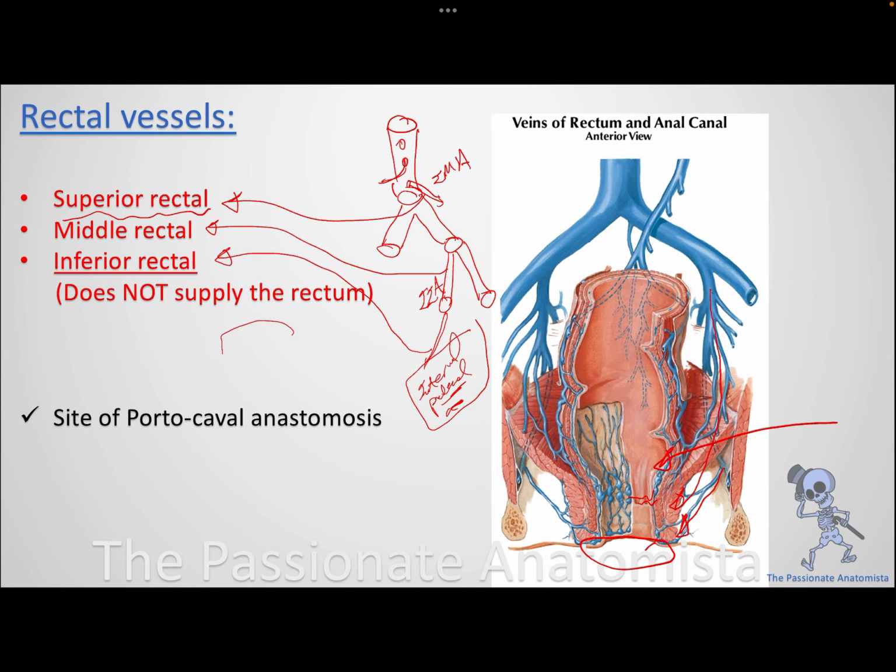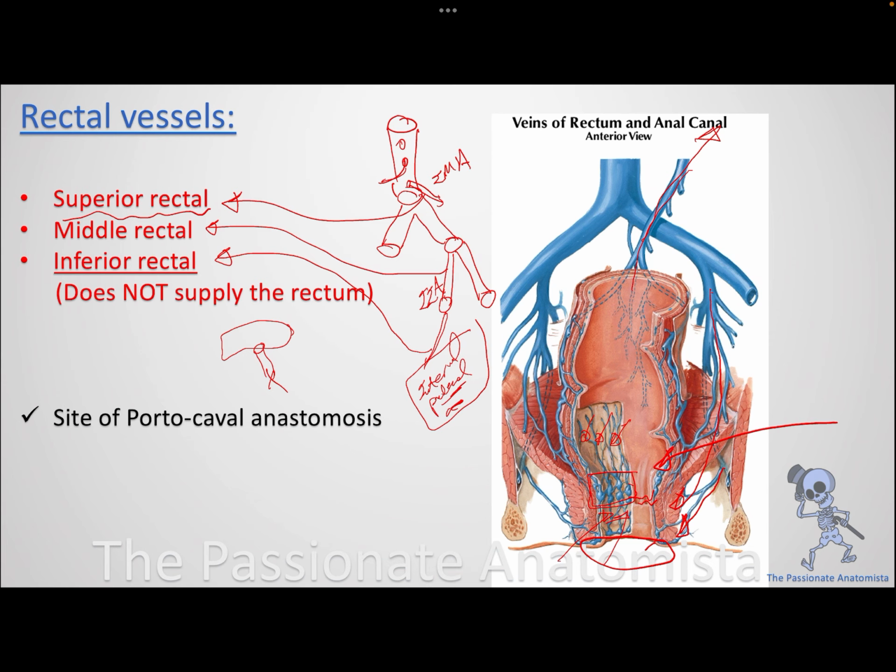So if I have liver cirrhosis or any liver disease and the portal vein is blocked, the blood cannot go into the liver. It comes back all the way here. And because I have an anastomotic network between the veins that go to the portal circulation and the veins that go to the systemic circulation, these anastomotic networks are going to open because the blood wants to escape and it cannot find its way back to the liver.